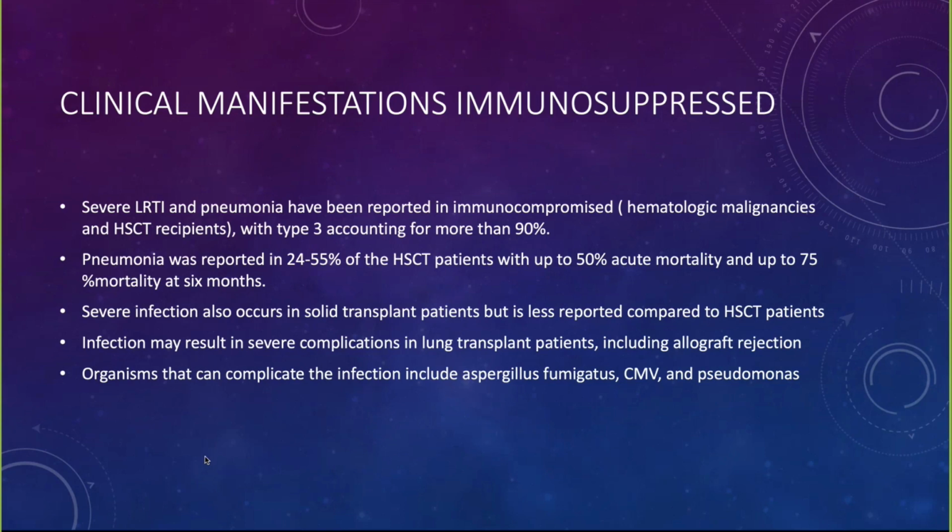You can have complicated Aspergillus infection, you can have CMV, and of course other bacterial infections. The way to suspect that is a patient who initially had the viral infection, tested positive, got a little better, and then got worse. This bimodal distribution should make you think that there is something else going on.